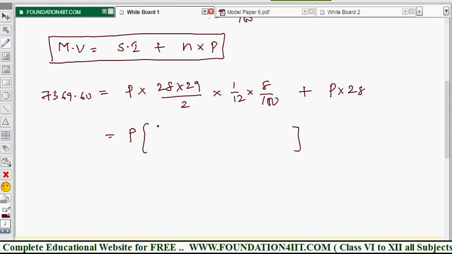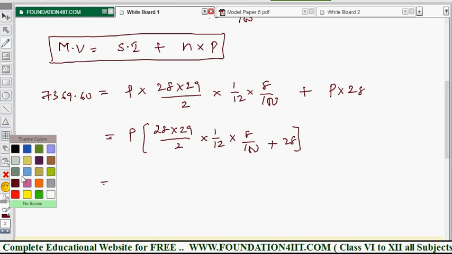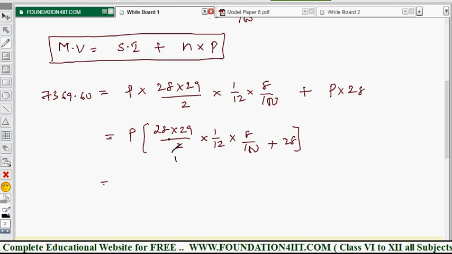That is 28 into 29 divided by 2 into 1 by 12 into 8 by 100 plus 28, because P is common. From this you can cancel some values and finally find out the value of P. So 2 ones are 2, 2 14s are 28, and this is 6, 7. Wherever possible you can cancel. 3, 4 and 4 ones are 4, 25s is this. Afterwards the remaining you will write.